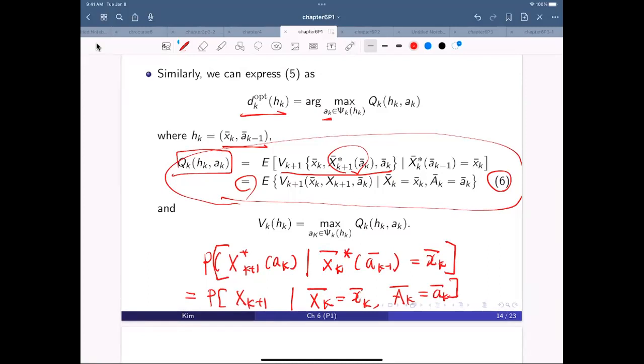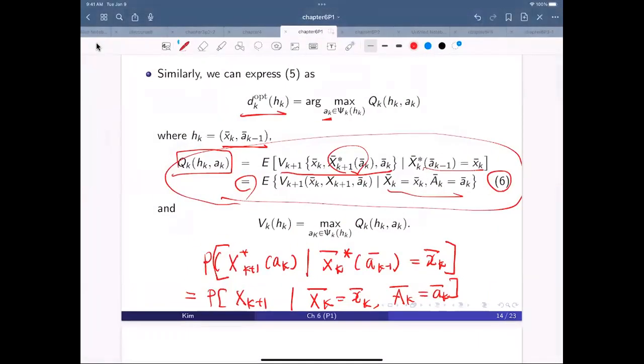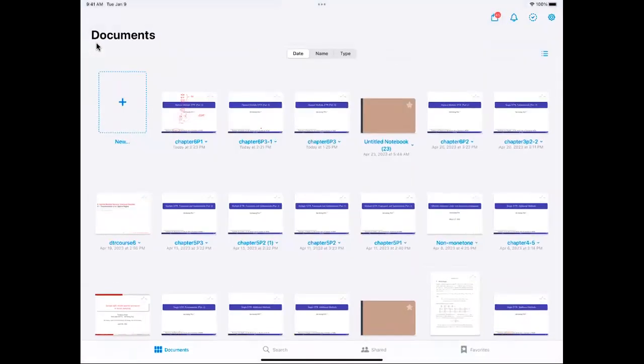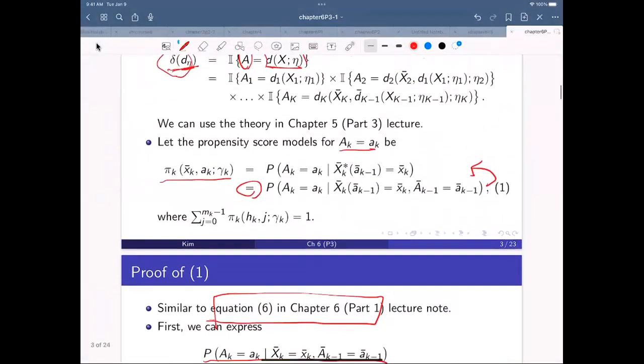In terms of the A, right? This given part is the same. The only thing that is different is this part, basically this one.